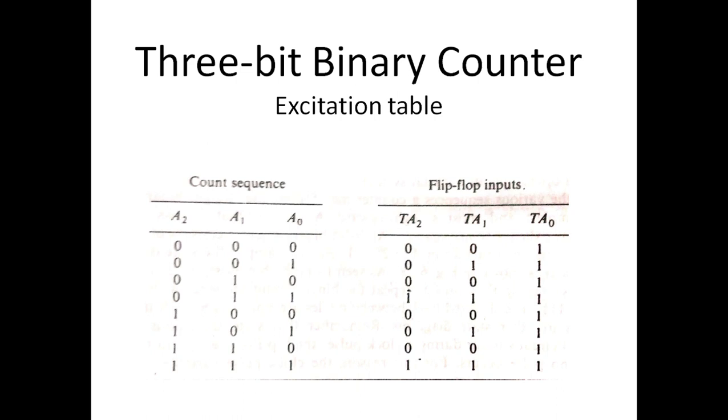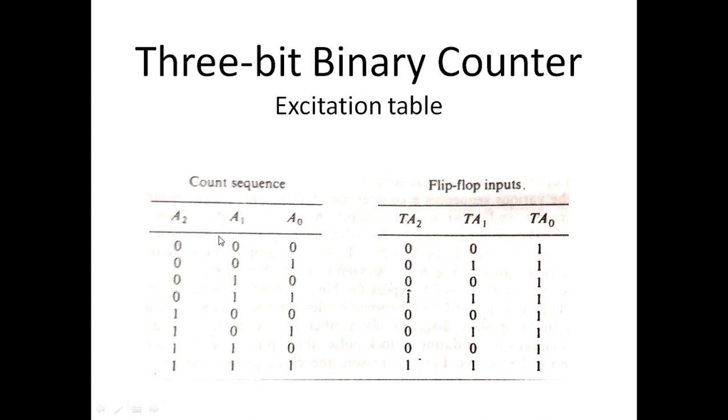Here we have the excitation table for the 3-bit binary counter. On the left hand side, we have the sequences that we want to be shown by the circuit. The 3 bits are represented with A0, A1, and A2. The starting state is 0, 0, 0, then it moves to 0, 0, 1 until 1, 1, 1, and then it repeats.